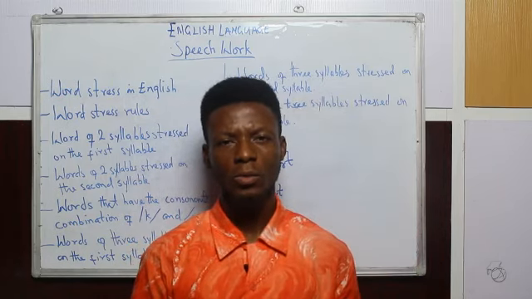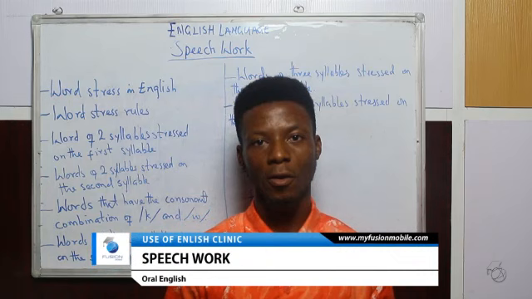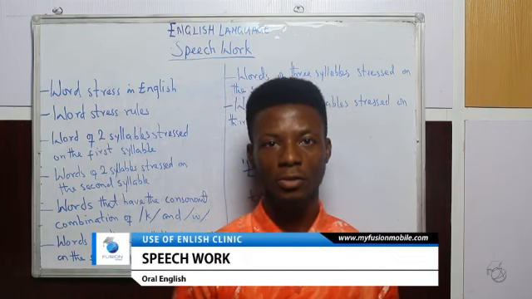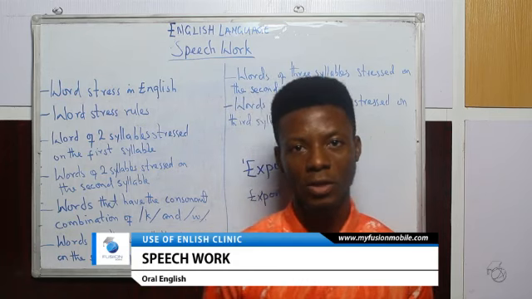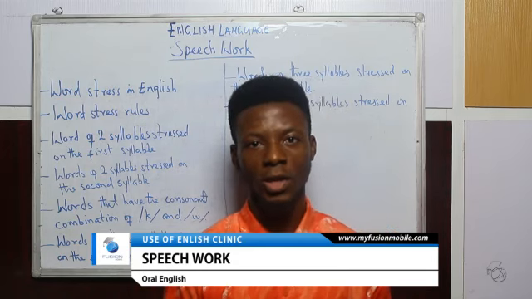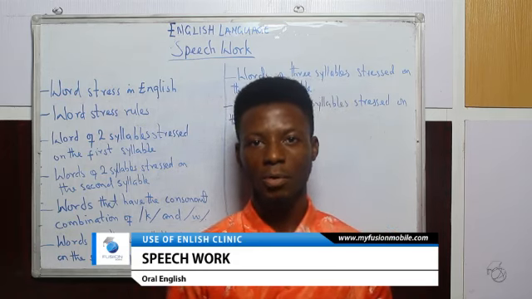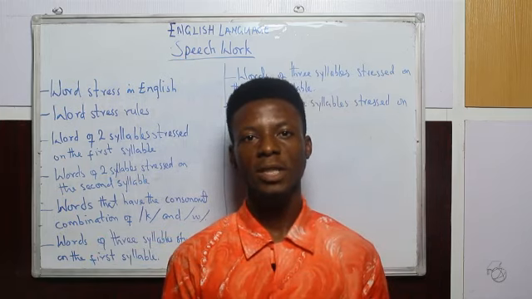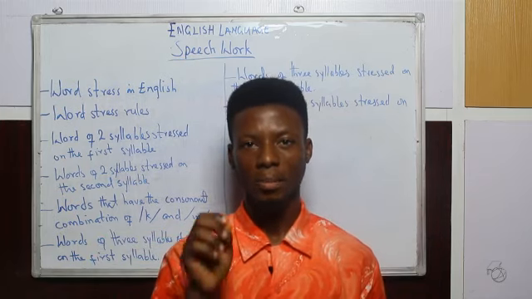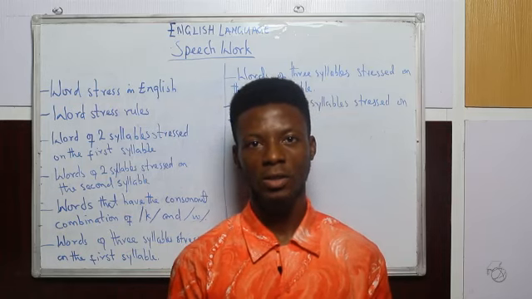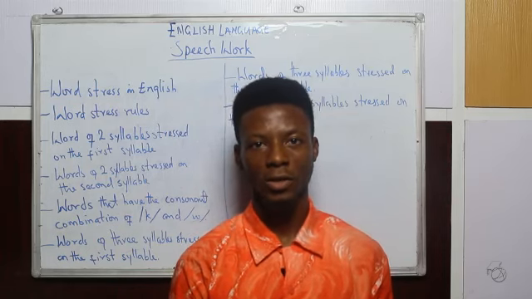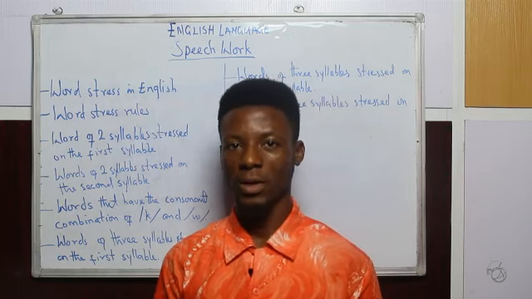We also have to note that we have two levels of stress: the primary stress and the secondary stress. If we have a particular word that has more than 2 syllables and has a primary and a secondary stress, the primary stress is the main stress in the word, while the secondary stress is subordinate compared to that of the main stress.